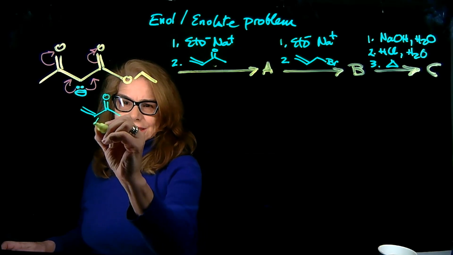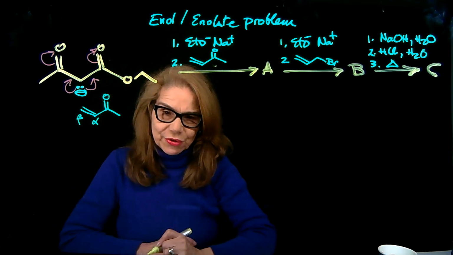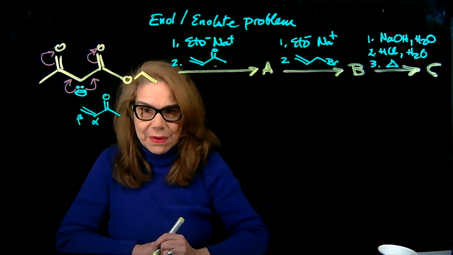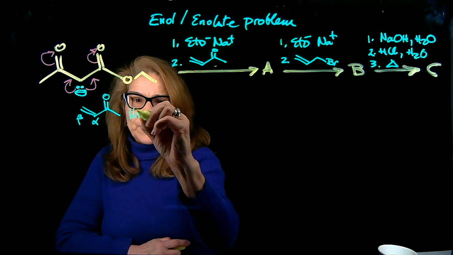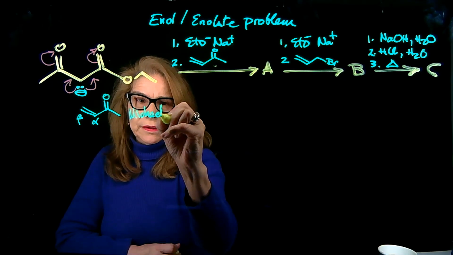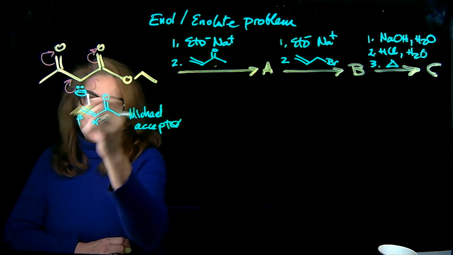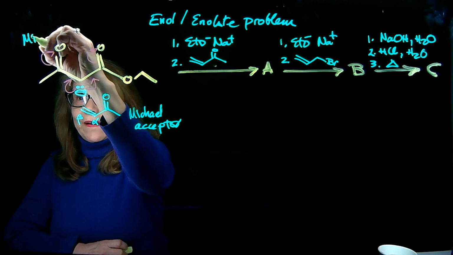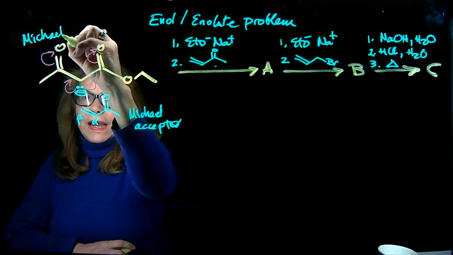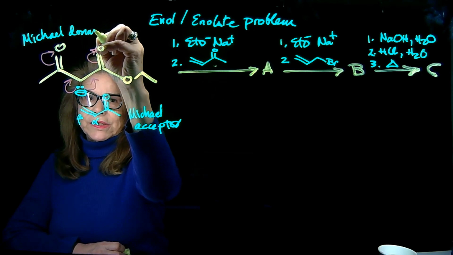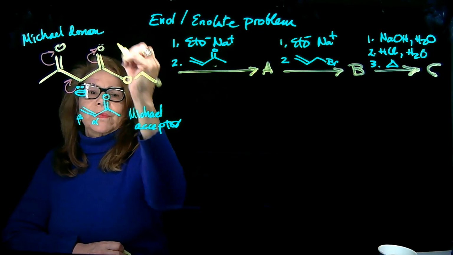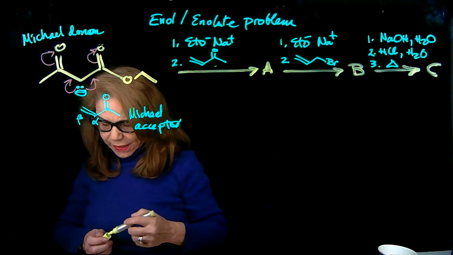And this is an alpha beta unsaturated ketone, which is a Michael acceptor. And this, as we said, is a Michael donor, a stabilized enolate donor. All right, so what's going to happen now?